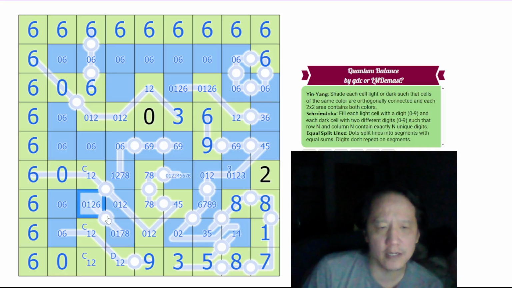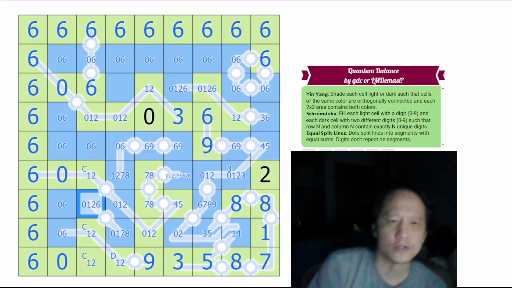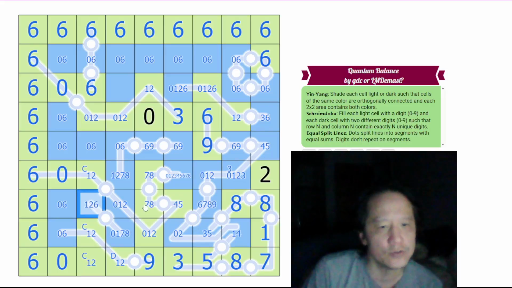So this cannot be 0 and 6. If this is 0 and 6, you could never have a 7 or 8 here. So it has to be 1 and 6 with 2, or 2 and 6 with 0, 7, 0, 8, or 1, 7 here.